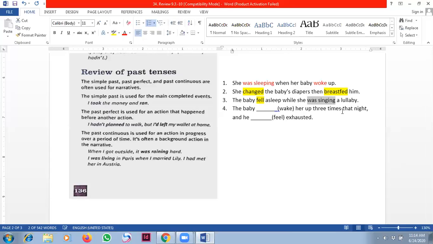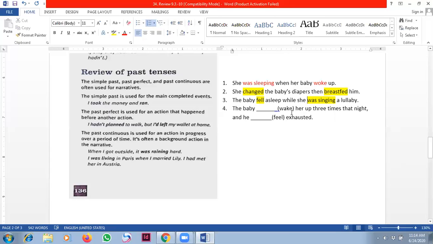So she was singing a lullaby, and then the baby fell asleep. A lullaby is a song that you sing to a child so that the child feels calm and can go to sleep. I really like Khmer lullabies. Sounds really peaceful. Anyway, now number 4.